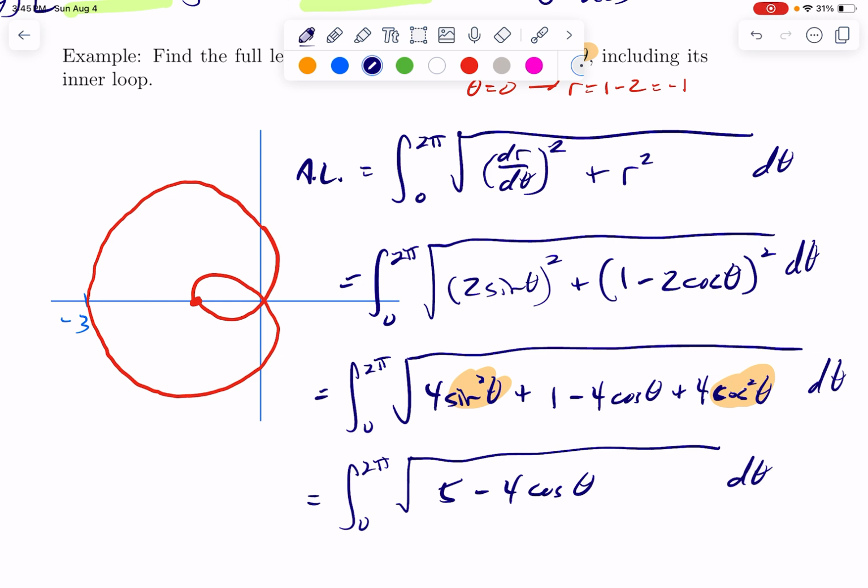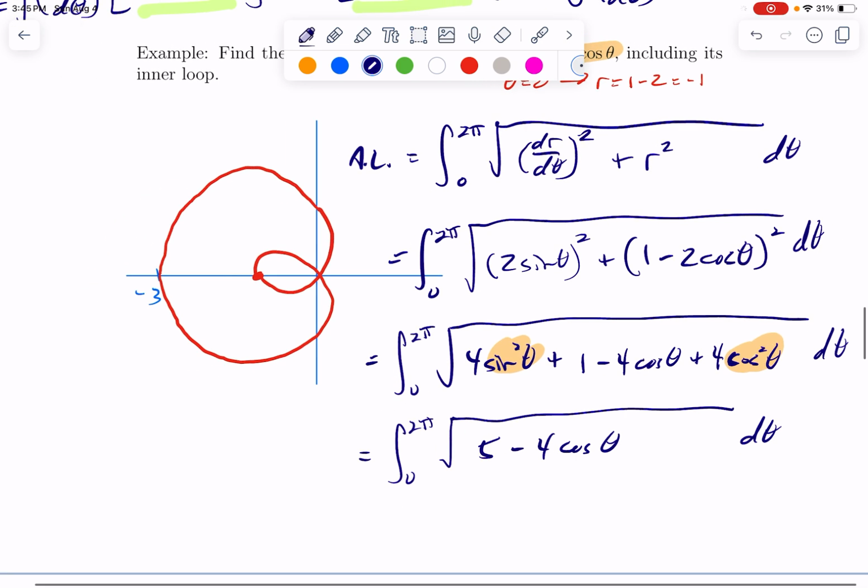It is possible, if you are very clever, actually I take that back, it is likely, if you are very clever, there's a way to do this by hand. But I would struggle for a while. So let's just use our calculator. We will go to my calculus menu, do an integral here from 0 to 2 pi.